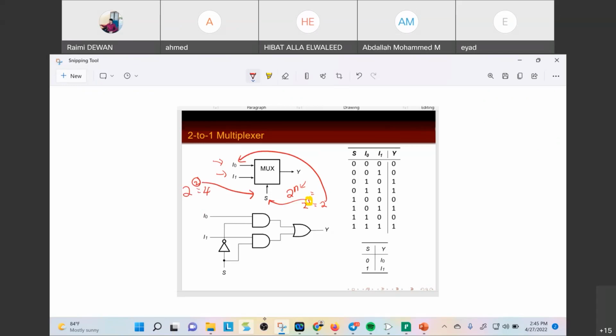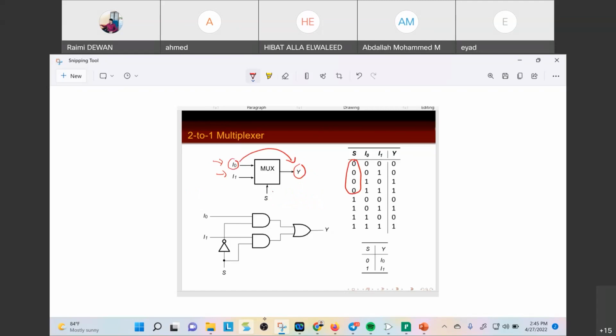So for this multiplexer, for example, in order to have an output of Y, you would require 3 combinational inputs. So you have S, I0 and I1. If the selector is 0, it will choose I0 as its output.